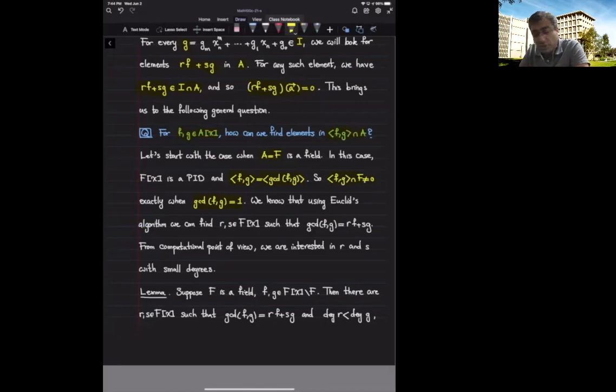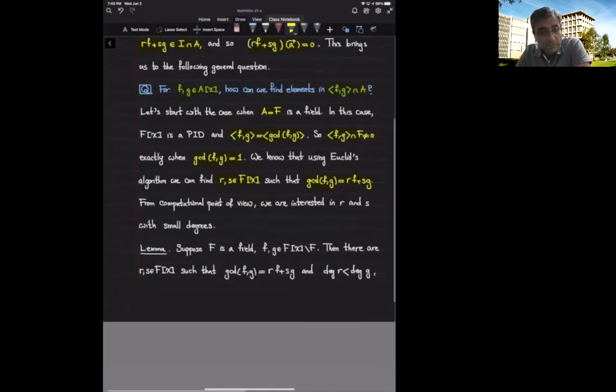We know that using Euclid's algorithm, we can find r and s so that the GCD is rf plus sg. Now, the question is, can we be economical, and can we find small degree r and s with these properties?